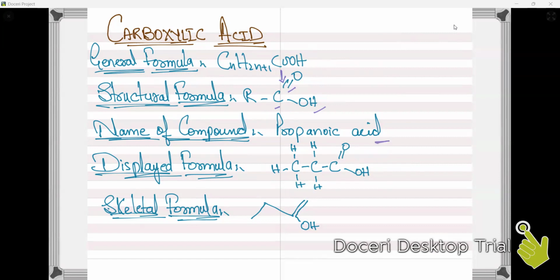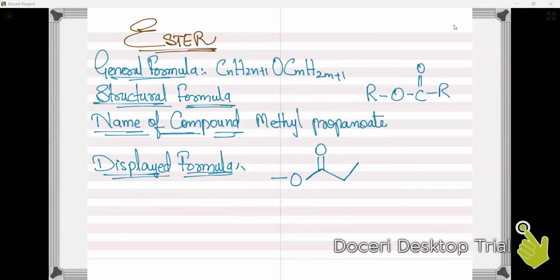For ketone, it was propanone. For alcohol, it was propanol. For alkene, it was propene. For alkane, it is propane. Then this is the displayed formula. This is how we display it, and this is the skeletal formula for ester.